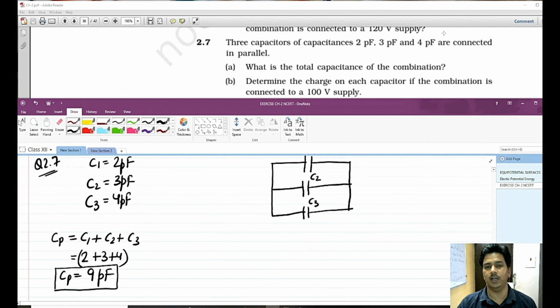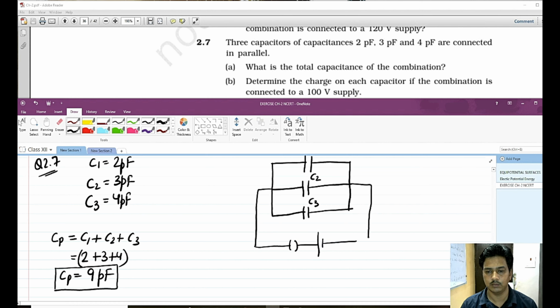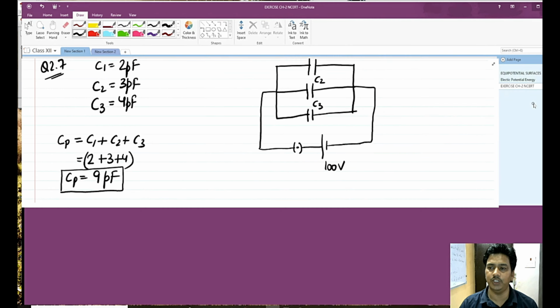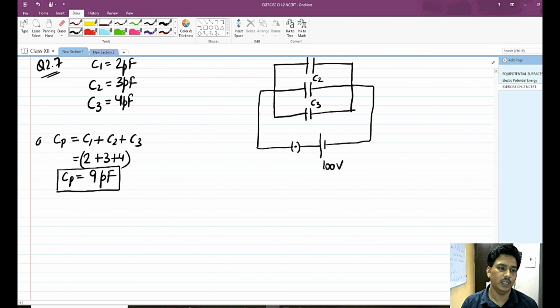Now in the second part, determine the charge on each capacitor if the combination is connected to a 100 volt supply. Now we connect the given arrangement to a 100 volt supply like this. We have to calculate the charge on each capacitor.